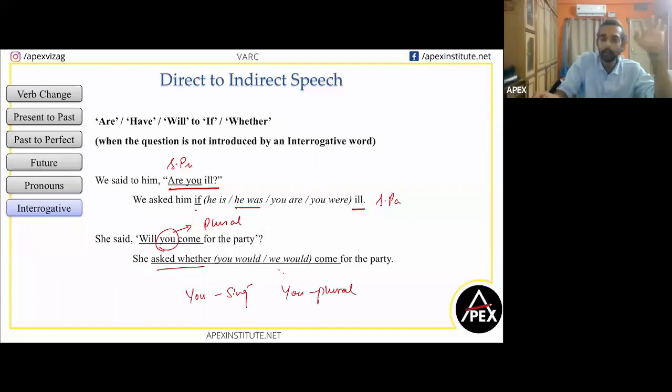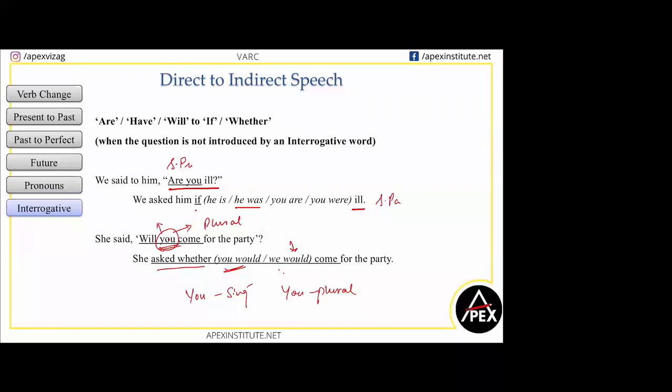If you are considering this you is singular, then it will be you would. If you are considering this you is plural, like I thought, then it will be we would. Okay, is that clear? If you are considering, it can also be what? I would.